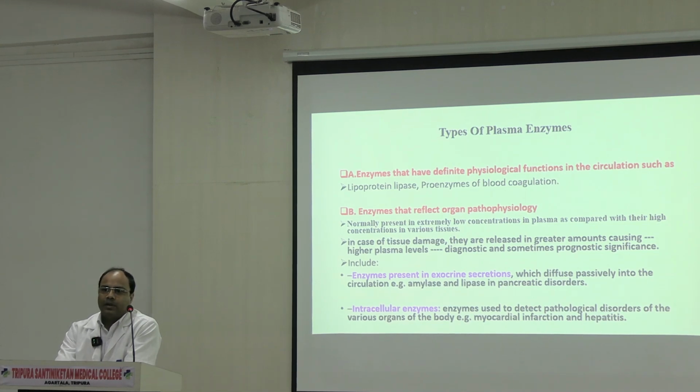Next, some enzymes like complement proteins circulate in the blood and are also present in tissue. Some complement proteins are proenzymes, like complement C2, C3, C4, C5.